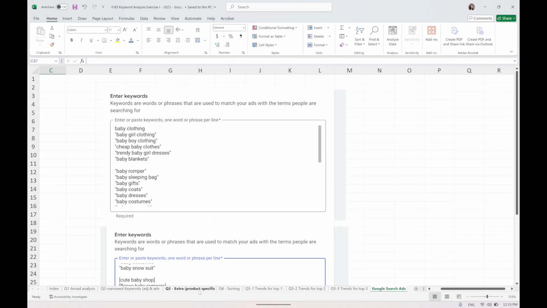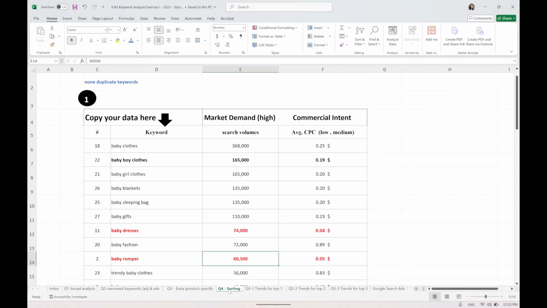Then product specific. I'm very proud of this blueprint, and I have to tell you that this is my own. Nowadays you can never be sure, but I can be 99.9% sure that nobody has created this Excel sheet before me. So this is the sorting.